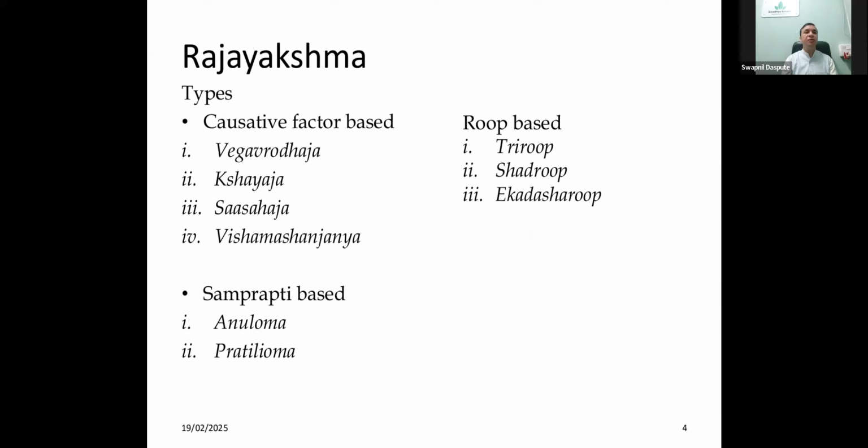So what are the types of Rajayakshma? Based on various things, the various parameters or criteria which are applied, we see different types. Causative factor based, on the hetu: Vegavarodha janya, Kshayaja, Sahasaja, Vishamashana janya.